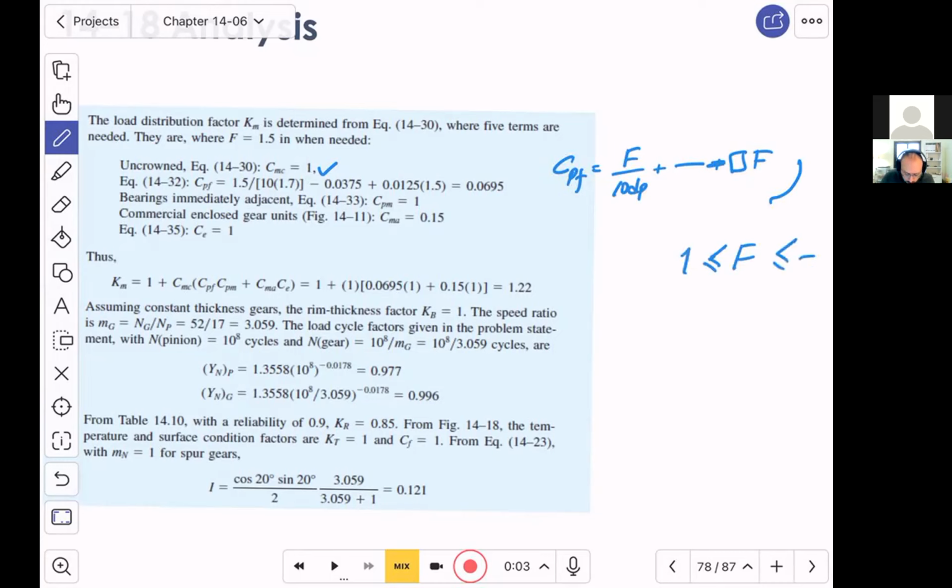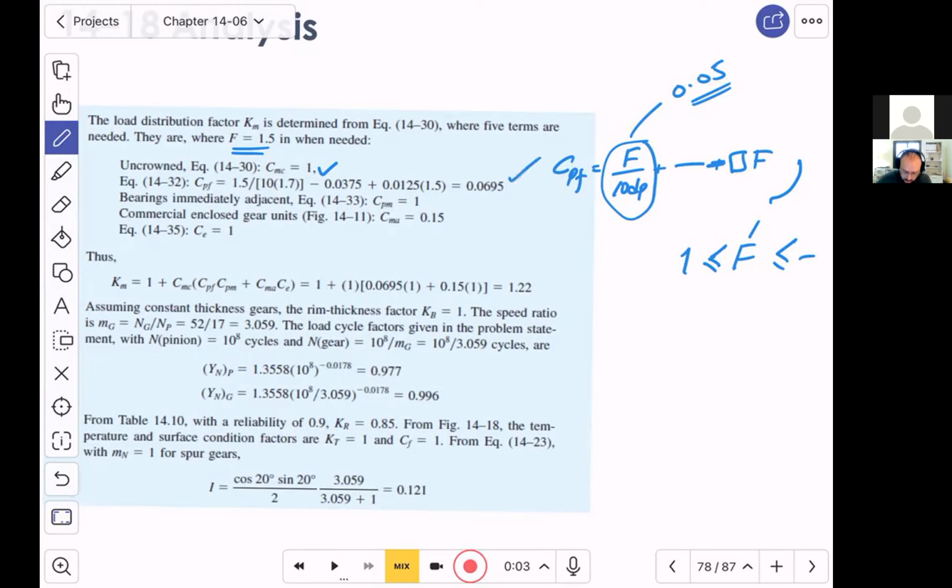So a face width of 1.5 falls in this category. If that's the case, the only thing we need to worry about is F divided by 10 dP. Why? Because this must not be less than 0.05. If it is less than 0.05, then we should substitute it as 0.05.